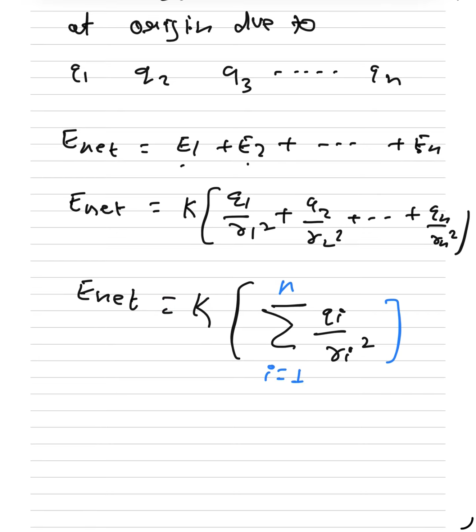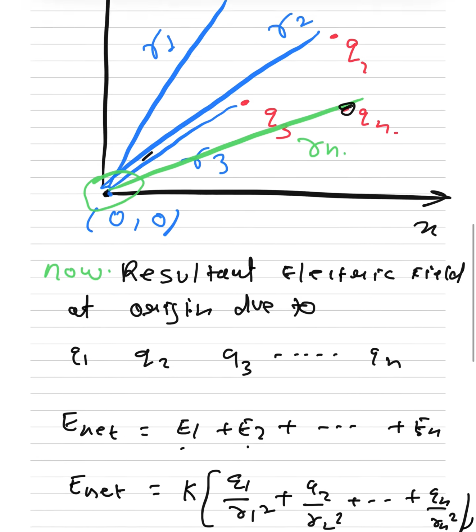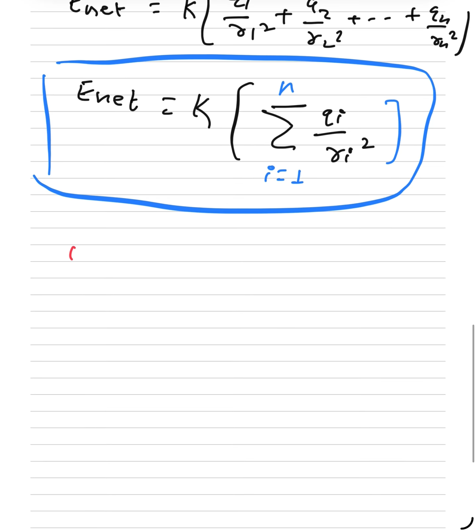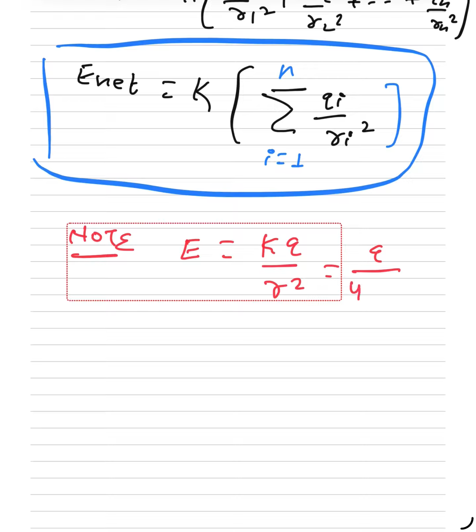This is the basic concept about the electric field due to a group of charges. And this formula is valid only for point charges. Note: electric field E equals kQ divided by r square, that is, Q divided by 4 pi epsilon naught r square.